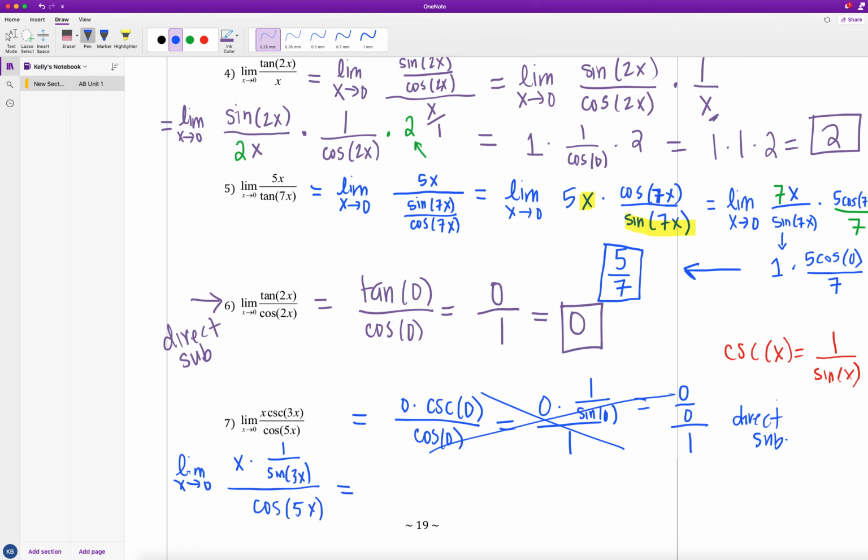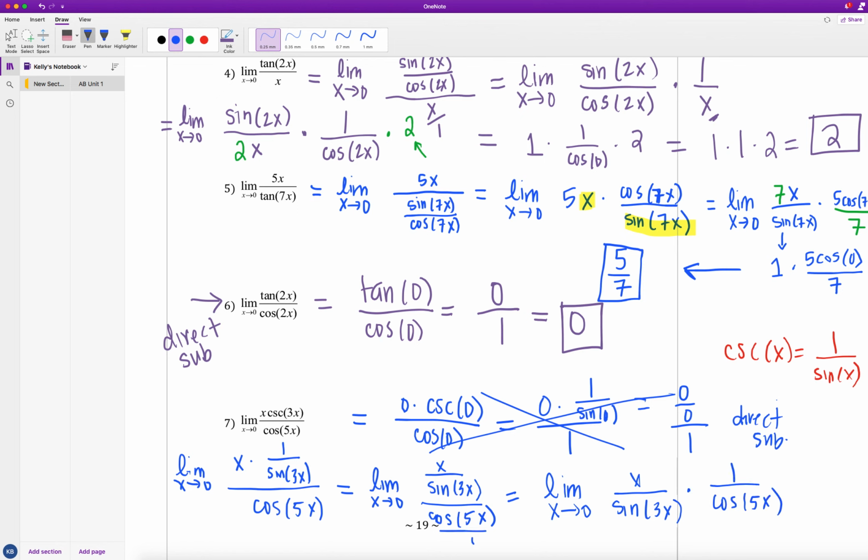From here, if I want to get rid of all these fractions, we have the limit as x approaches 0 of x over sine of 3x times technically 1 over cosine of 5x. Well, that looks a lot nicer in what we're used to.